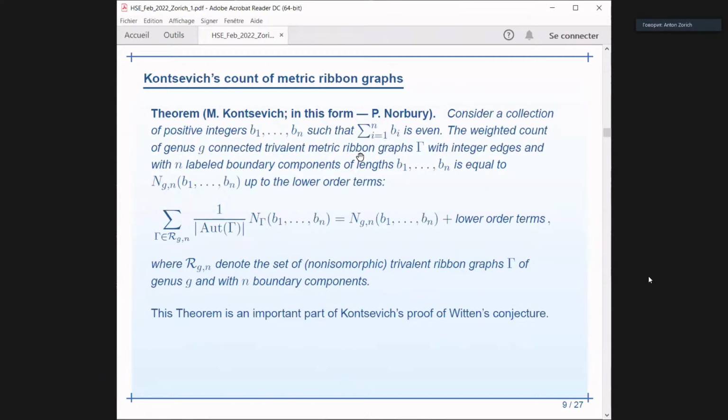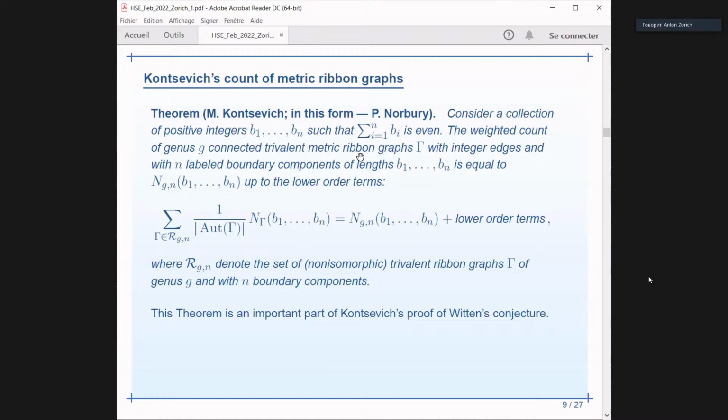And the solution to this counting problem is exactly this Kontsevich polynomial, which I showed on the previous slide. So this is another geometric meaning of this polynomial. So in the setting in which I need this theorem, I need only asymptotics when all these b's are large.